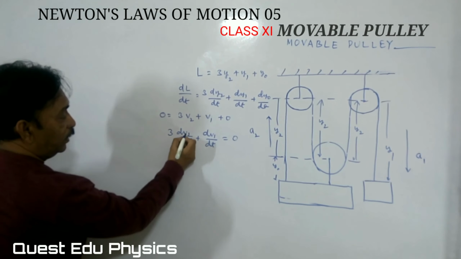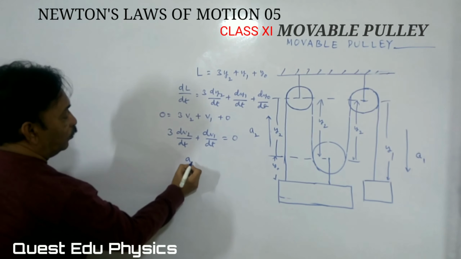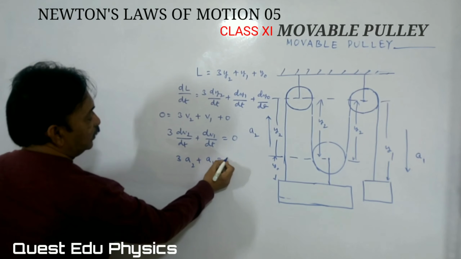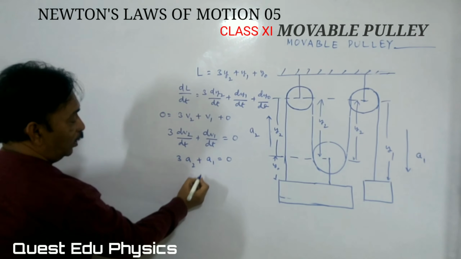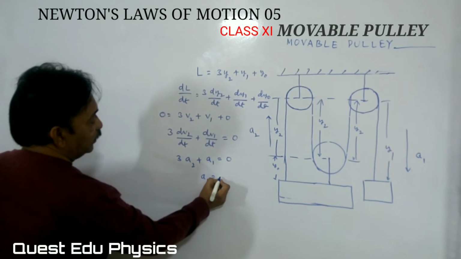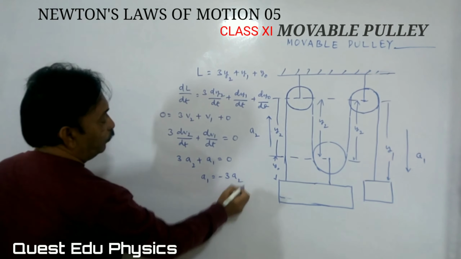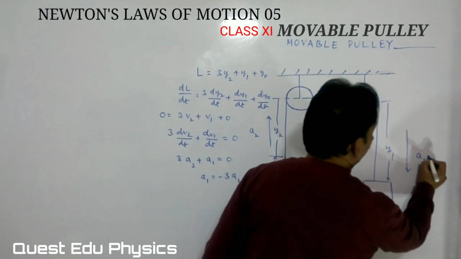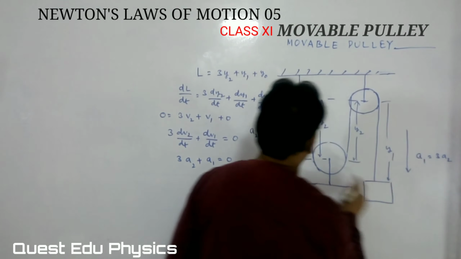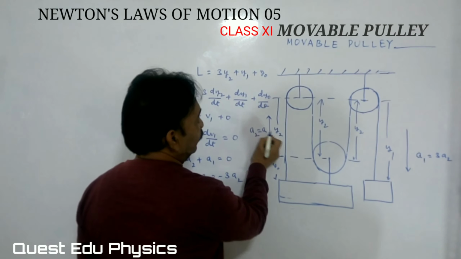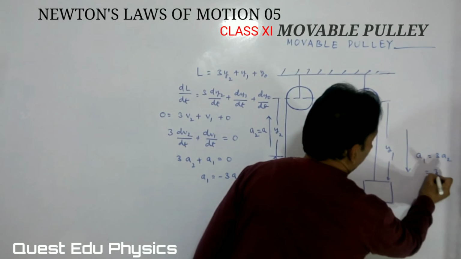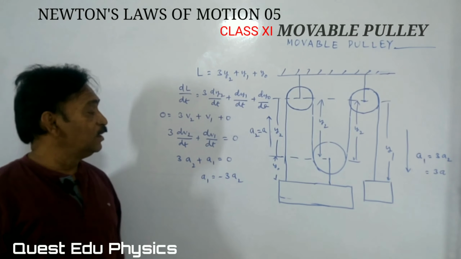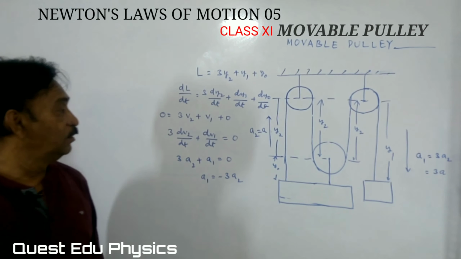And it is the acceleration, 3a2 plus a1 is equal to 0, or you can write a1 is equal to minus 3a2. Say the acceleration is equal to 3 times this. Let's say it is a, and it is equal to 3a. Getting me, students?